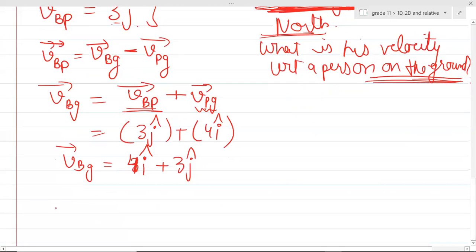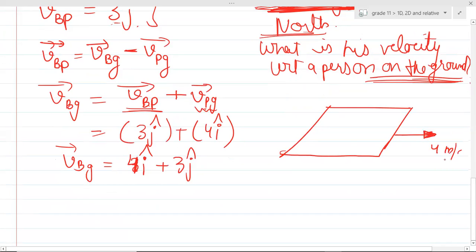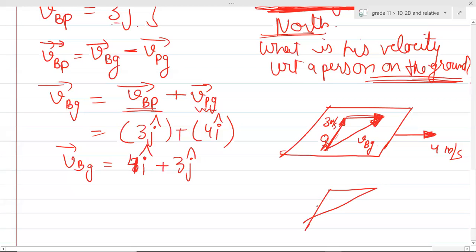So if someone asks you about it, do you remember the platform? The platform was moving like this at 4 meter per second and the boy was moving like this at 3 meter per second. So can you see over here his velocity plus this velocity, they both were added to give you this velocity, which is the velocity of boy with respect to ground. Can you see the triangle being made over here?